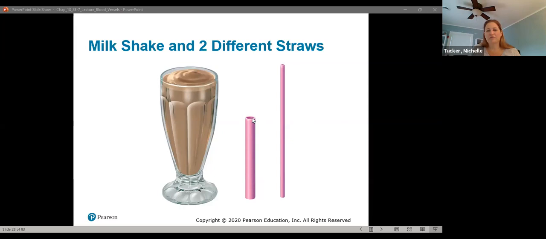The larger the lumen, the faster the flow, and the shorter vessel will be faster than the longer vessel. So this would be your best option for fast flow, and this would be your best option for slow flow, but you'll have some other choices to pick out too. If you understand the concepts, then you'll be able to pick the best one.